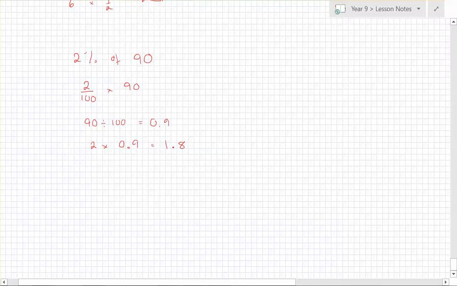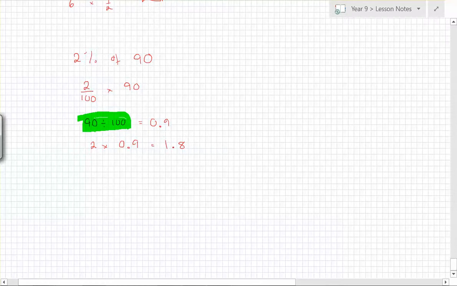It's 1.8. Now, I just want to point something out to you. You are doing percentages of amounts, but something you're doing nice and easily is dividing by 100.